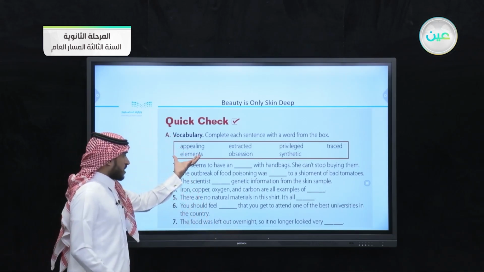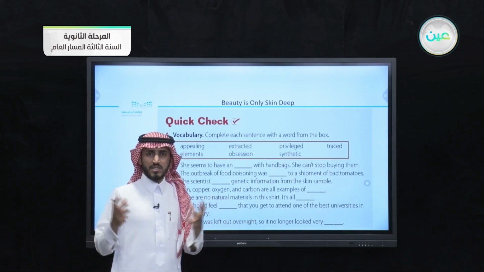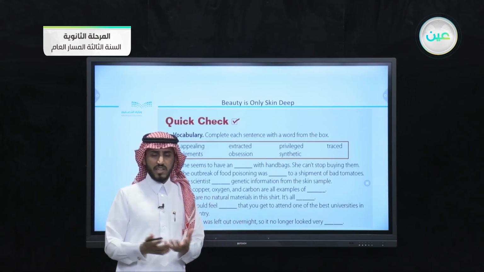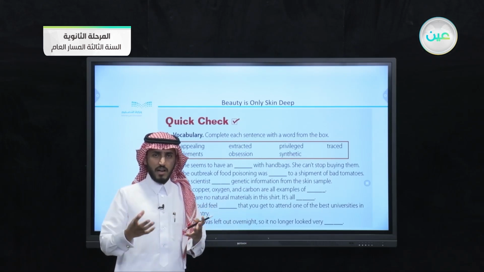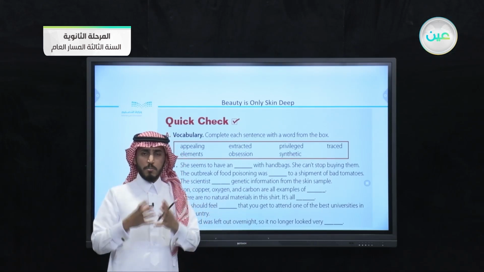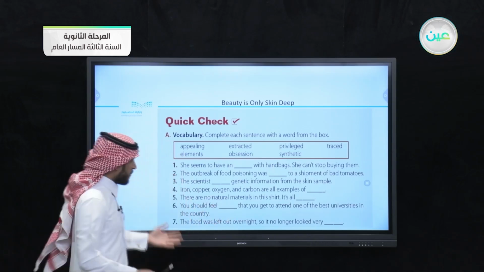Number 5, elements refers to the parts or the chemical parts that something contains. For example, if you have a drink, this drink contains many elements. So the elements are chemical parts.